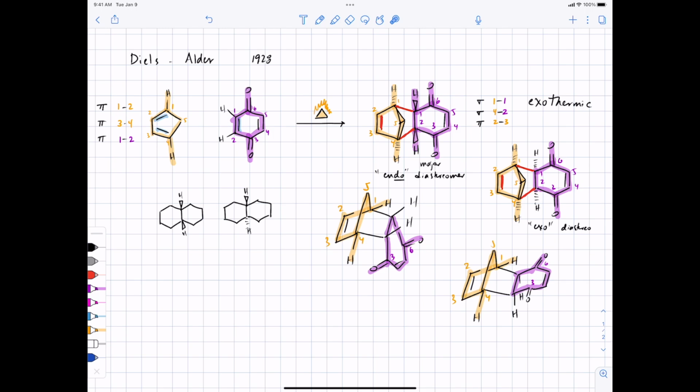But outside of the endo exo context, would it be necessary to... I'm sorry, I don't understand what you mean by outside. As if it's not forming that double ring and it's another reaction, where the diene partner is different.